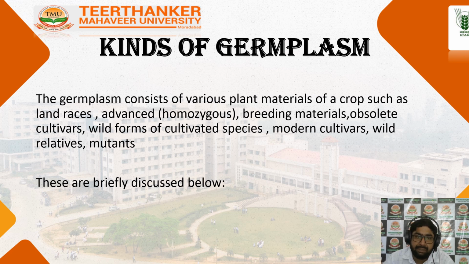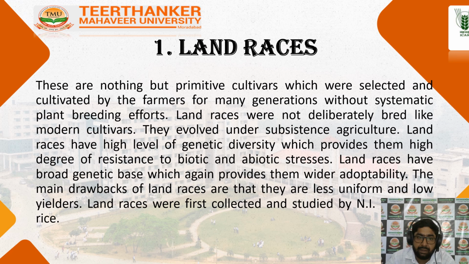The germplasm consists of various plant materials of a crop such as landraces, advanced homozygous breeding lines, obsolete cultivars, wild forms of cultivated species, modern cultivars, wild relatives, and mutants.